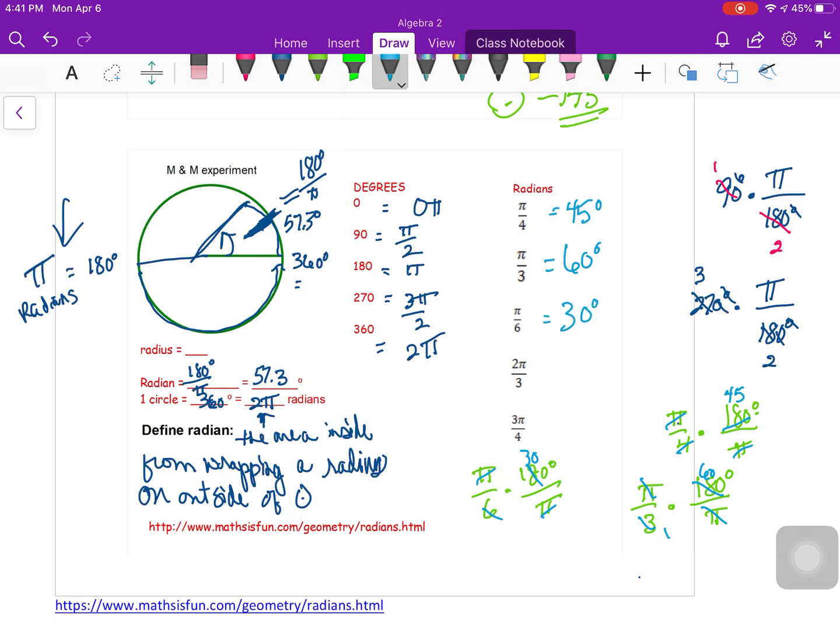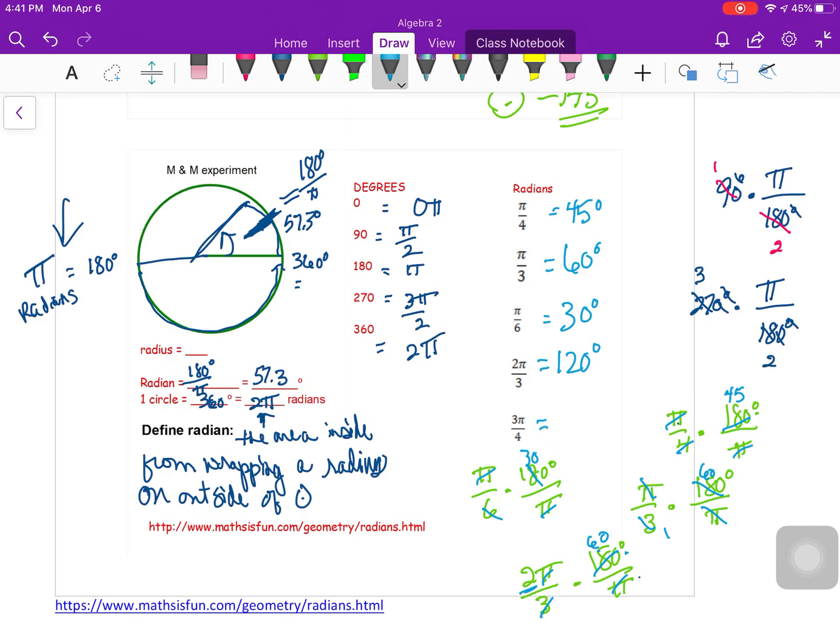That gives me 30 degrees. How about 2 pi over 3? The pi in the denominator, the 180 degrees in the numerator. Pi and pi reduce. 3 is 60. 2 times 60 degrees is 120 degrees.